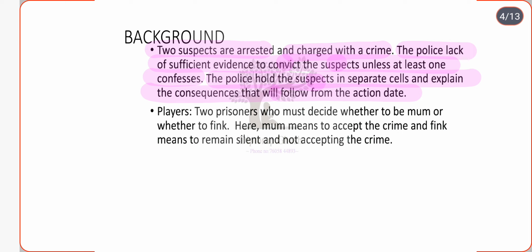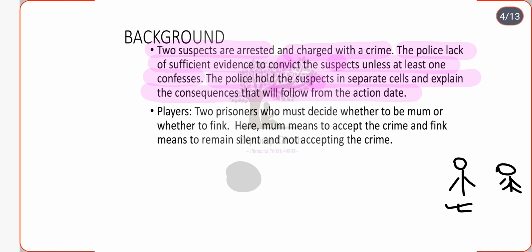Basically there are two suspects, and the police have arrested both of them. The police are lacking sufficient evidence or proof. That's why the police are keeping them in different cells, and the police just want at least one of them to confess.